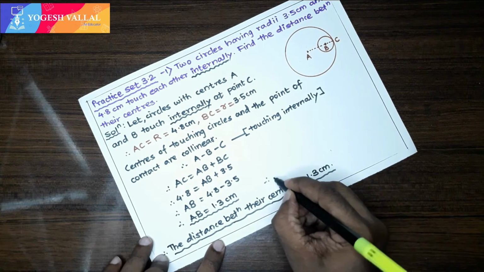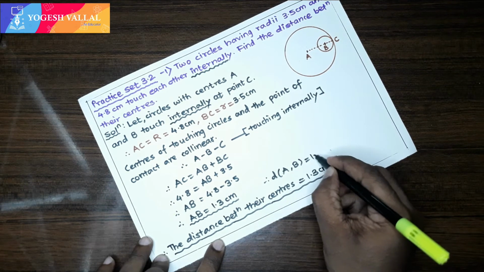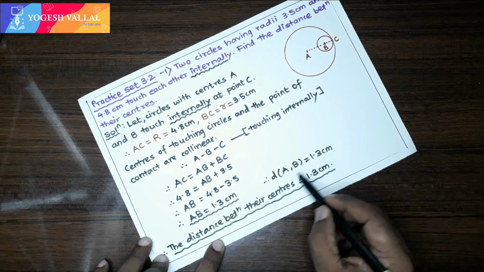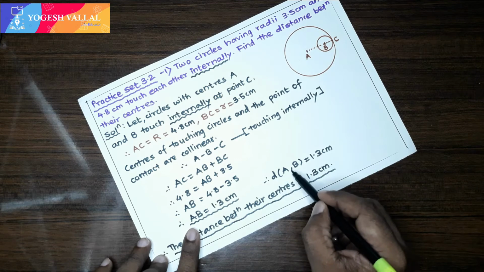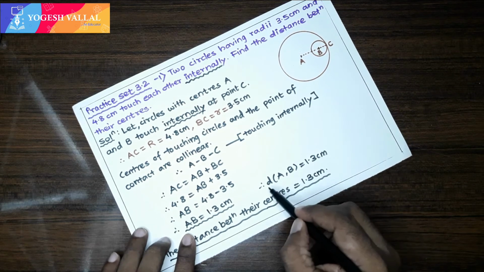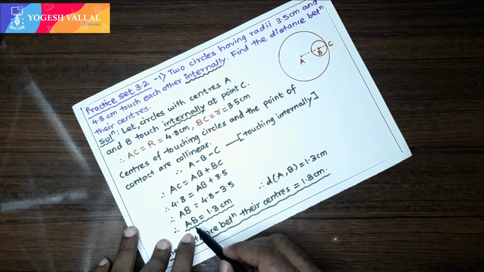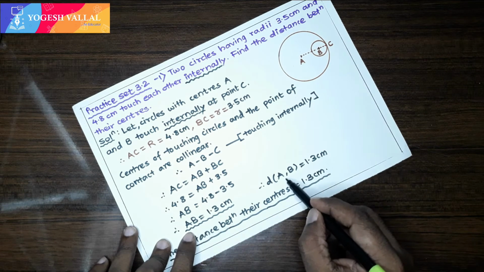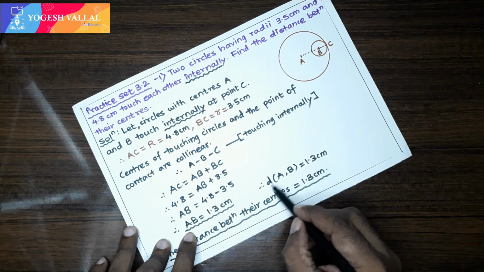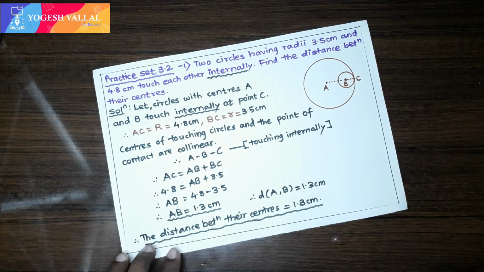You can also write here the distance between A, B is 1.3 centimeter. You can easily observe that when I am writing d outside the bracket, I put a comma here because it is the distance between two points, not the length of segment AB. When you write AB, it represents the length of AB, and when we put a comma, it represents the distance between points A and B. These minor things we have to remember.